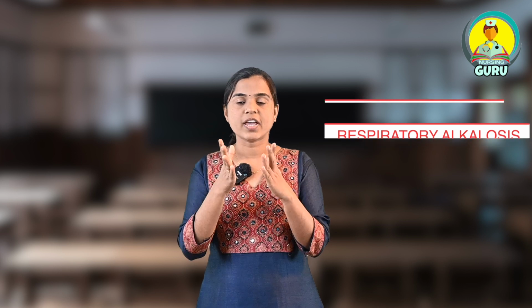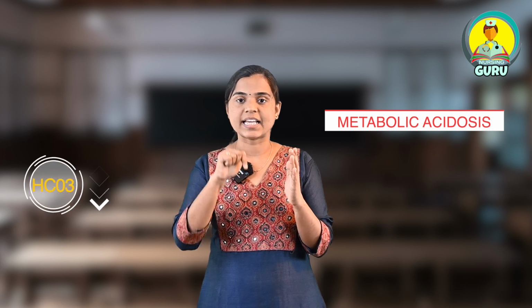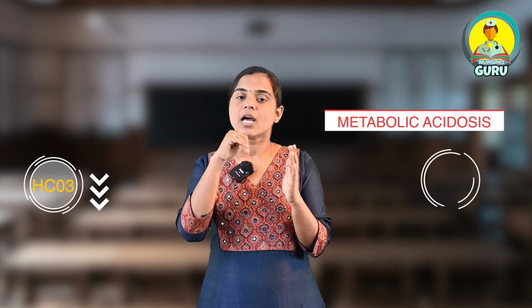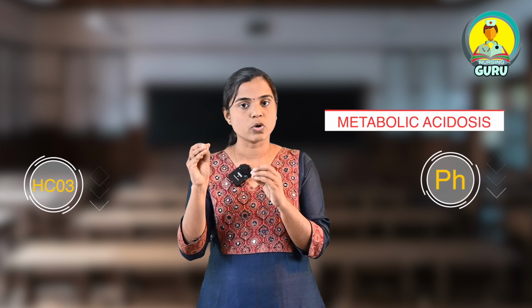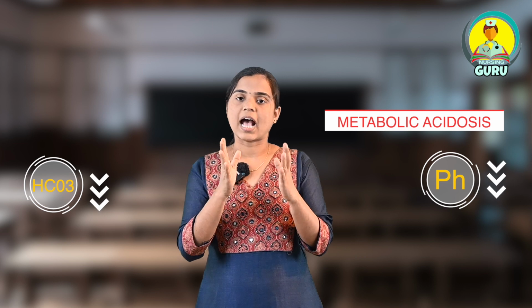The same way, coming to metabolic acidosis, the patient will have the HCO3 level decreased, the bicarbonate level will be decreased and the pH level is also decreasing. So, he or she is having metabolic acidosis.